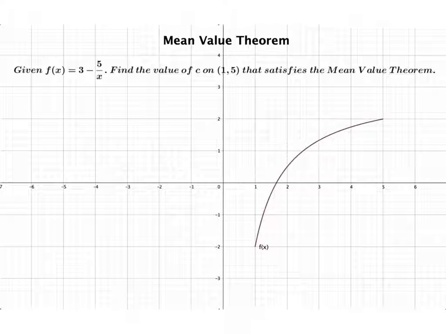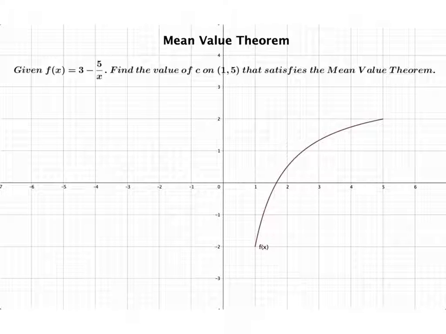Our next problem is, given the function 3 minus 5 over x, we need to find the value of x equals c, the value of c on the interval from x equals 1 to x equals 5. So find the value of x along the curve that satisfies the mean value theorem.